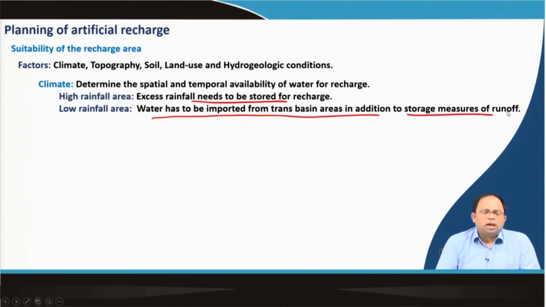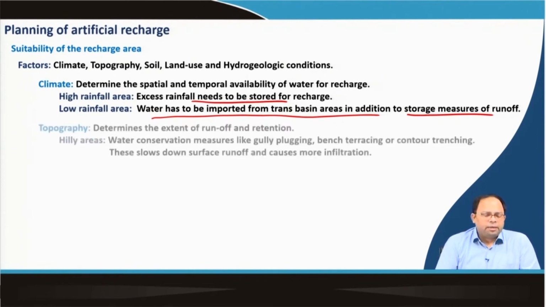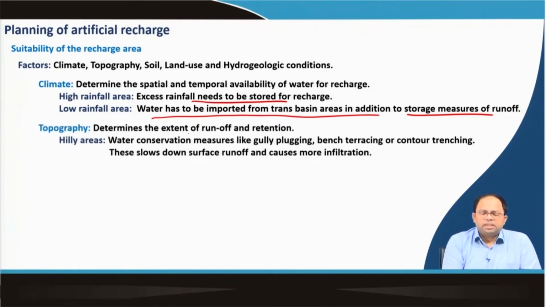So this is how the climate of that area actually influences the kind of recharge that we can do in that particular area. Similarly, topography determines the extent of runoff and retention, and in hilly areas we need to consider water conservation measures such as gully plugging, bench terracing or contour terracing, and this slows down the surface runoff and causes more infiltration.